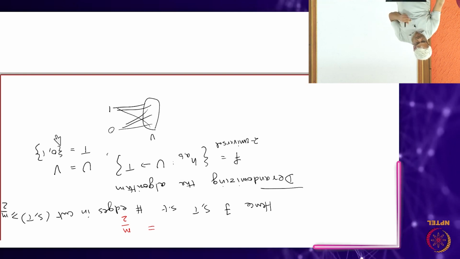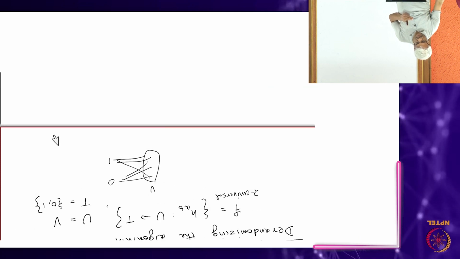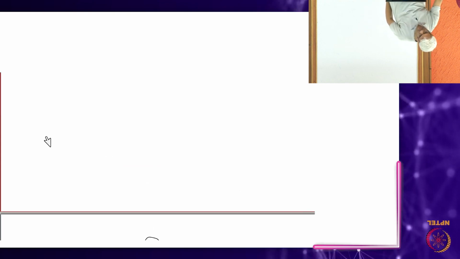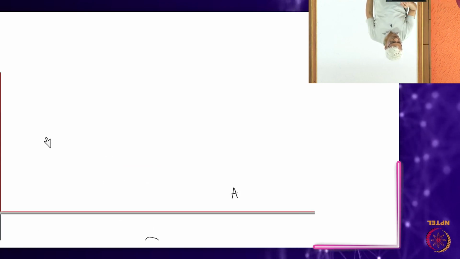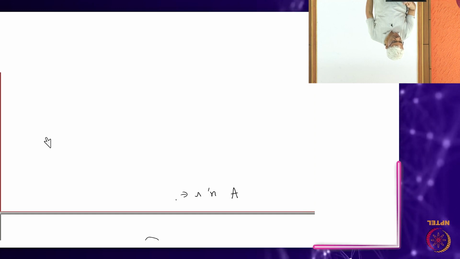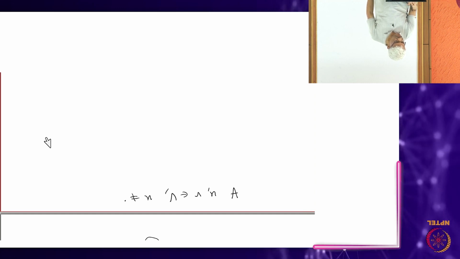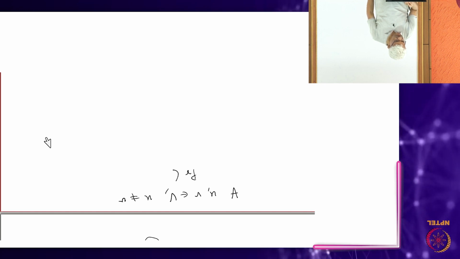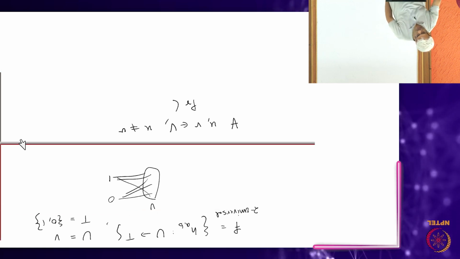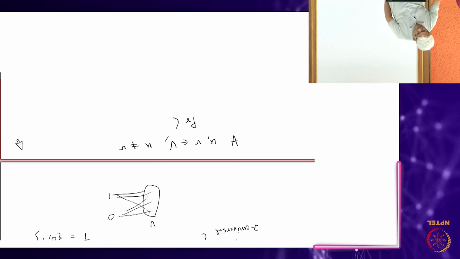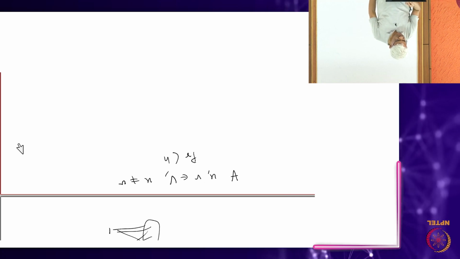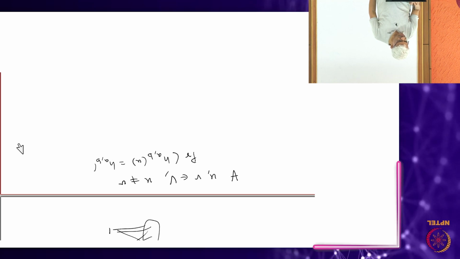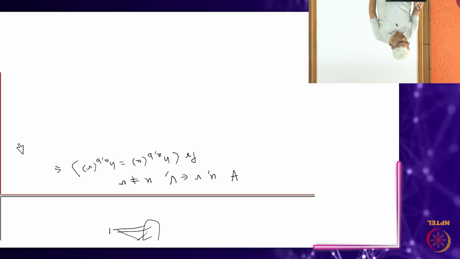What I know is that for all vertices u, v, where u is not equal to v, the probability that HAB of u is equal to HAB of v is at most what?